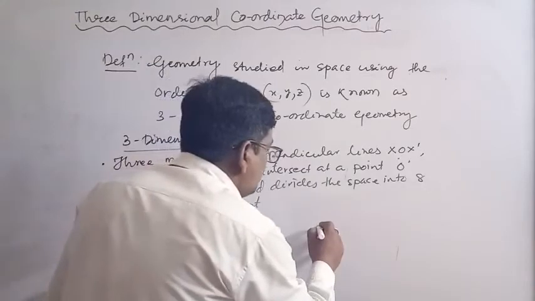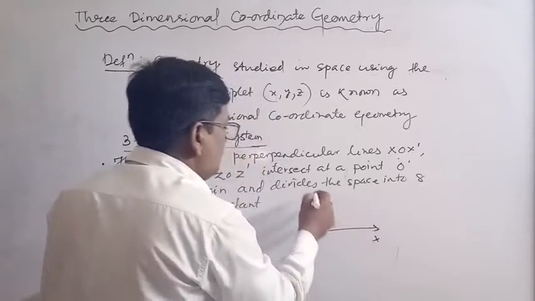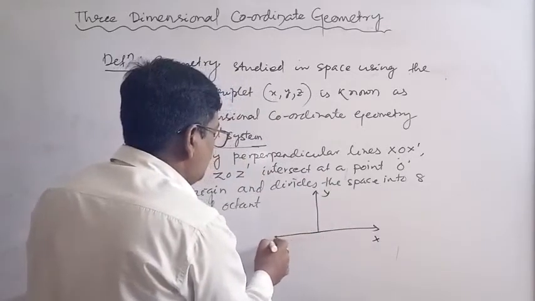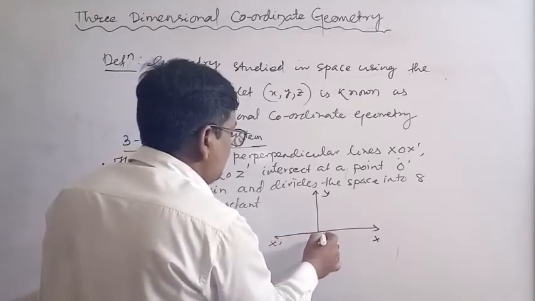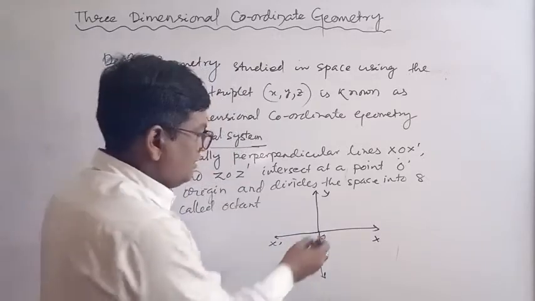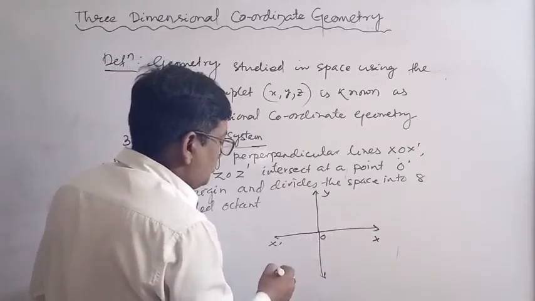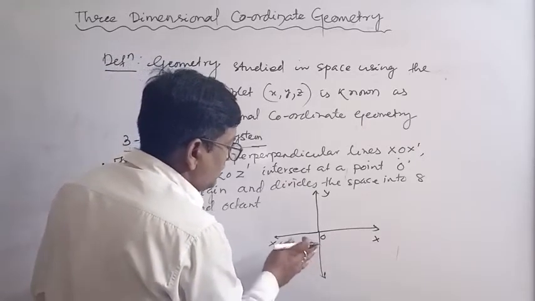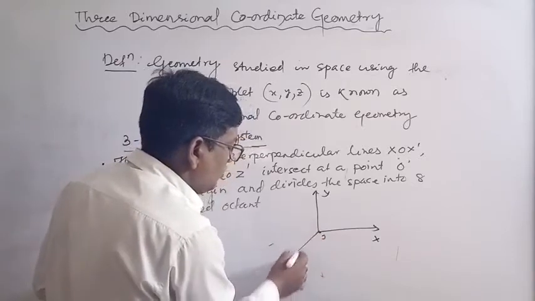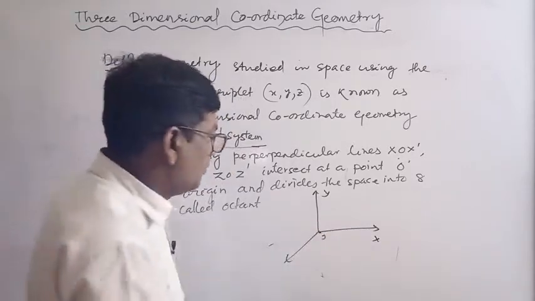Suppose this is the x-axis and this is y dash, and this is X dash, this is Y O and this is y dash. Suppose the z-axis is like this, towards us.